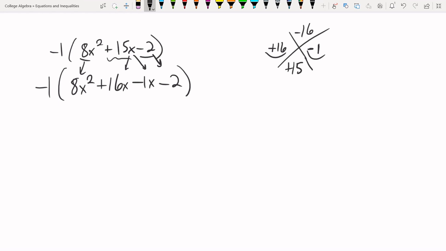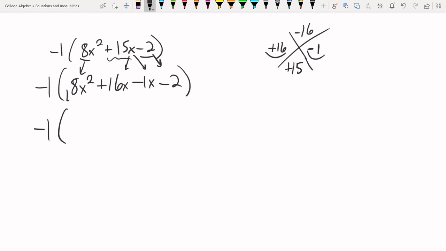What I've done here is I've just brought down 8x squared, and I've split plus 15x into plus 16x minus 1x, which equals plus 15x. But I've split them up in a way that they're special numbers, which have a special property, which I'll show you here in just a second.